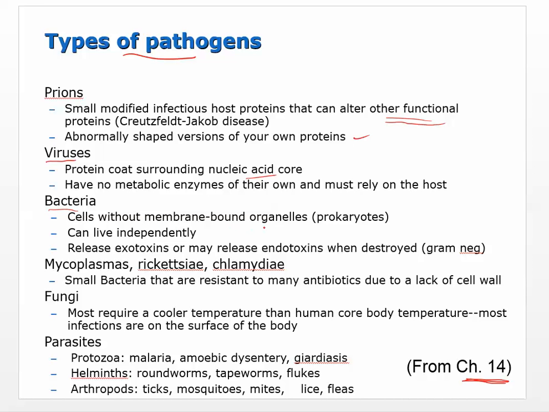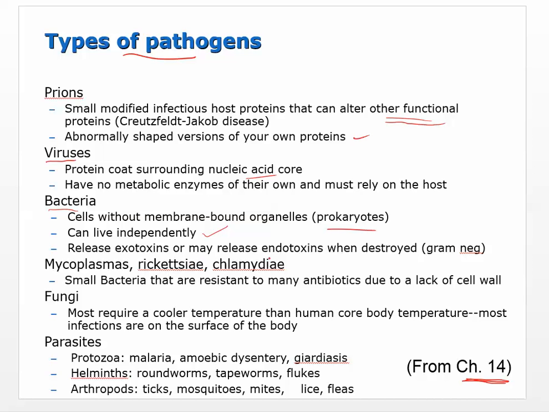Cells without membrane-bound organelles, or prokaryotes, can live independently. So these little guys can live on the surface of things and can come back and infect things later on. These are on just about everything. They say that if you remove everything from the earth except the bacteria, you would still see the earth. So that kind of gives you an idea of how many bacteria there are and where they are.